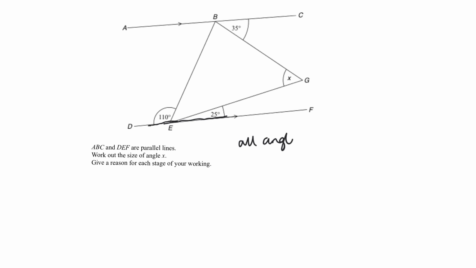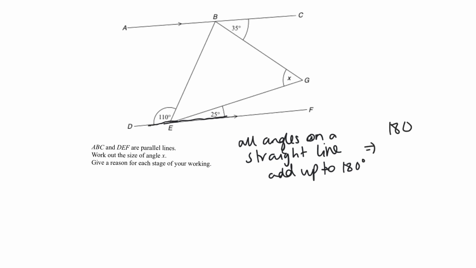The first reason is because all angles on a straight line add up to 180 degrees. So then to work out this angle here, 180 minus 110 minus 25 would leave us with an answer of 45 degrees. So that angle is 45 degrees.